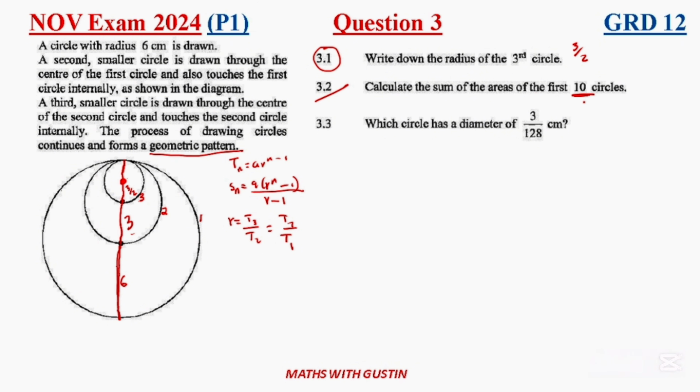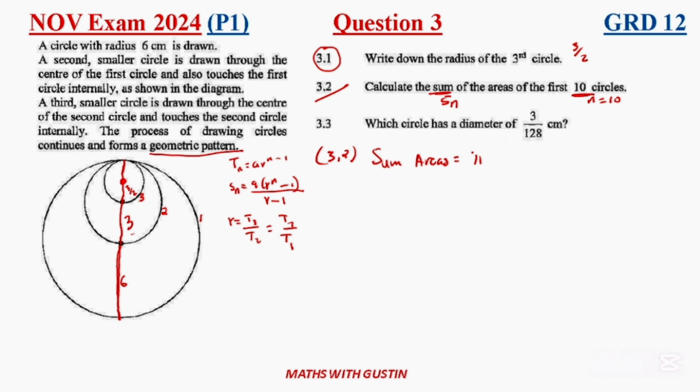Okay, so basically this means that our n needs to be 10. And then what are they saying? They are saying the sum, so it means we need to find Sn. So they are saying the sum of areas. What is the area of a circle?